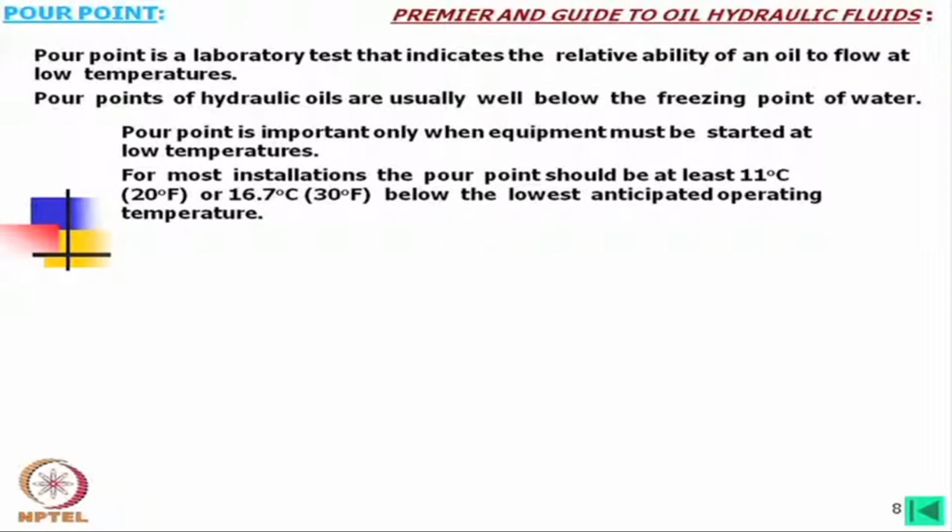Usually when a machine starts, even in cold countries, the generation of heat means we need not look much into the pour point of the oil. For most installations, the pour point should be at least 11 degree centigrade, or 20 degree Fahrenheit, to 16.7 degree centigrade, or 30 degree Fahrenheit, below the lowest anticipated operating temperature.